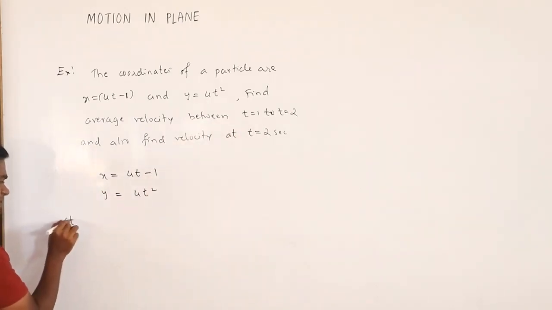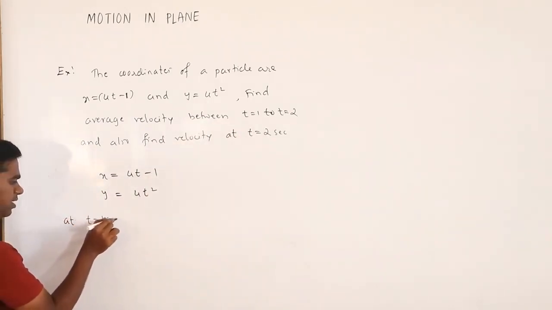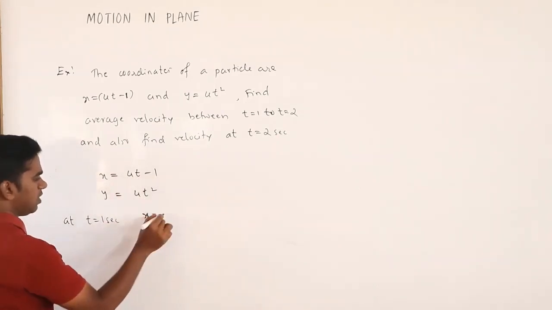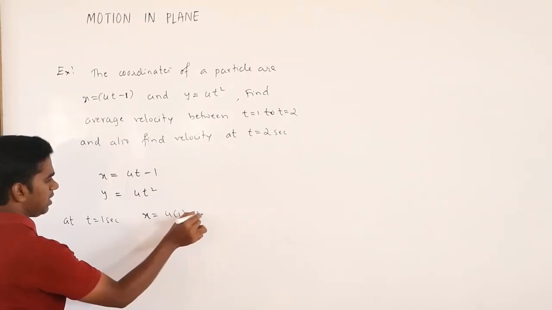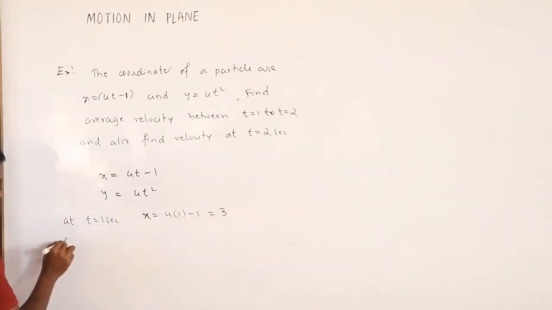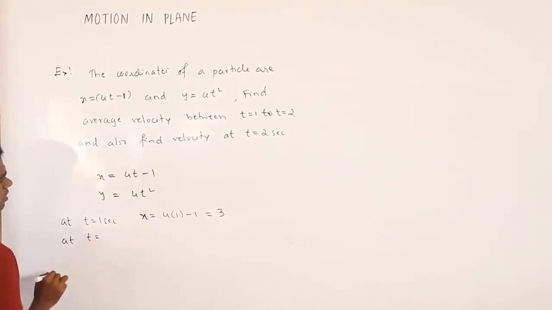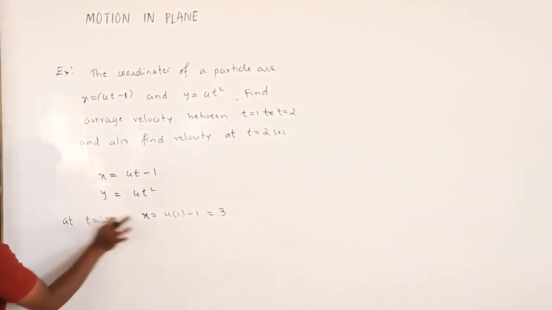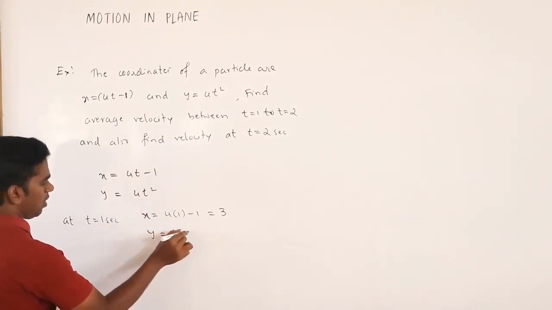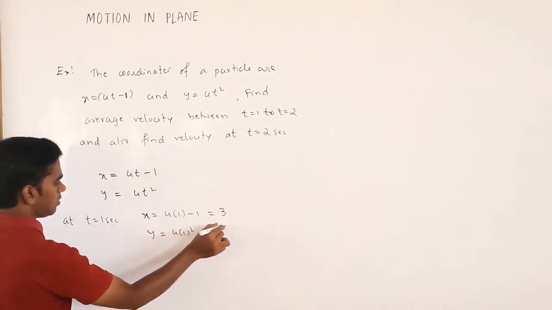You just substitute t equals 1. 4 into 1 minus 1, so 4 minus 1 becomes 3. What about y at t equals 1 second? y is 4 into 1 square.